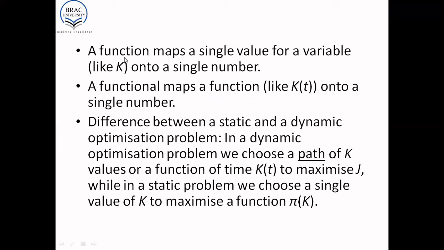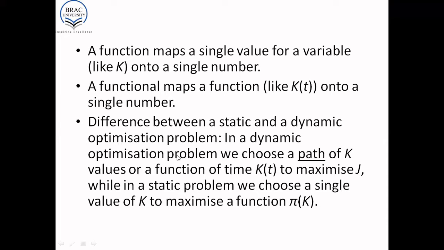A function maps a single value for a variable like capital K onto a single number, while a functional maps a function like k(t) onto a single number. So that's the difference between a function and a functional. And what is the difference between a static and a dynamic optimization problem?